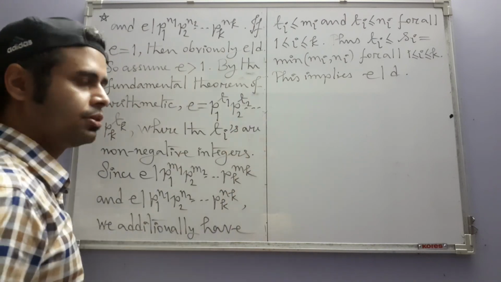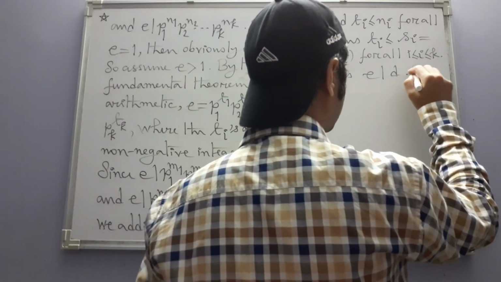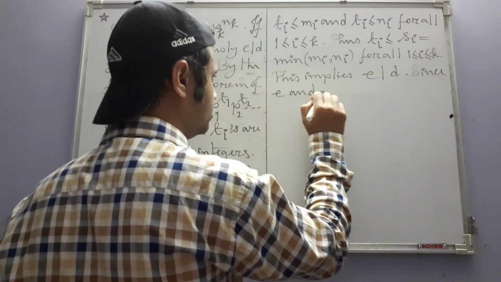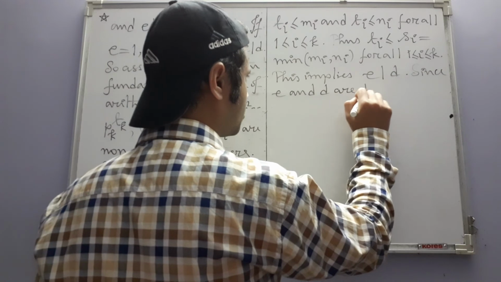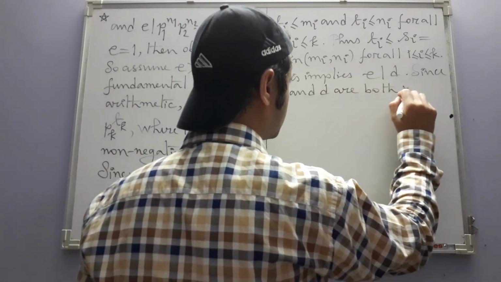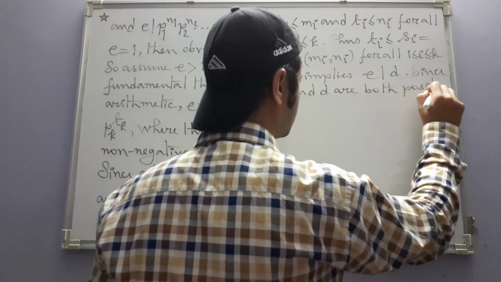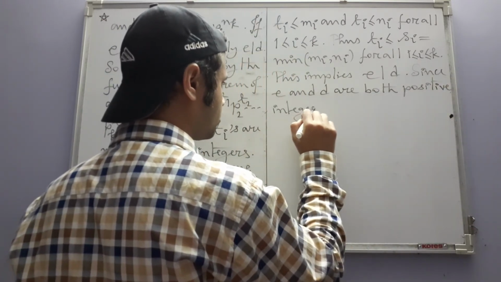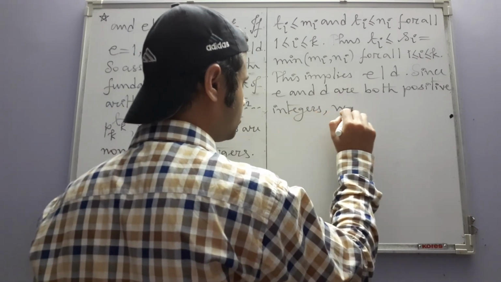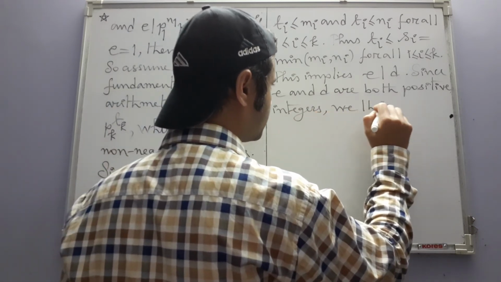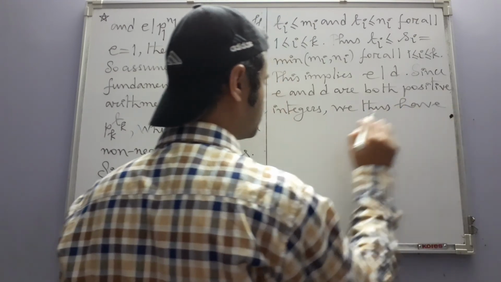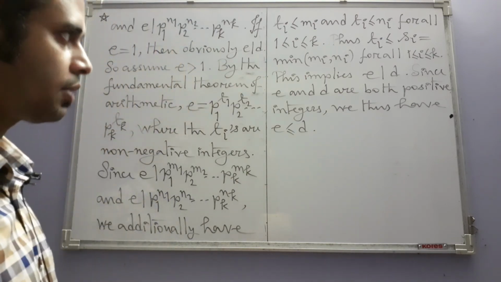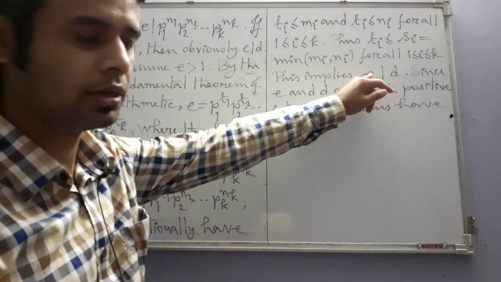So naturally E would divide D, since E and D are both positive integers. We thus have E less than or equal to D, and that comes from this divisibility relation.